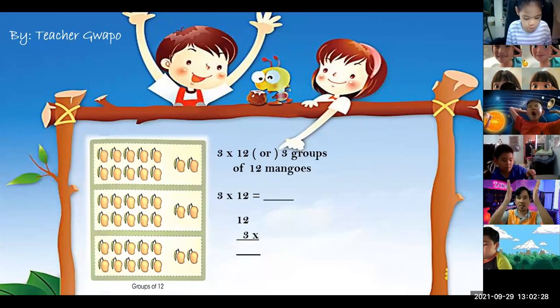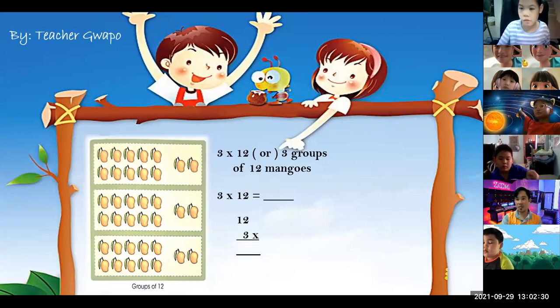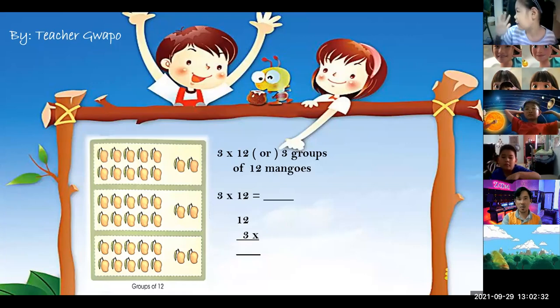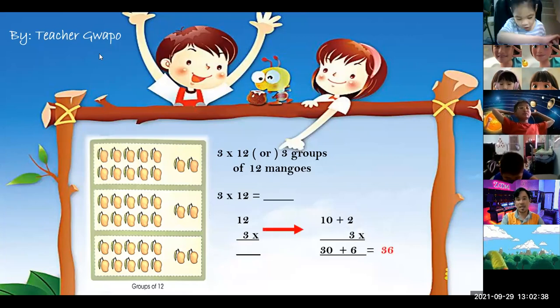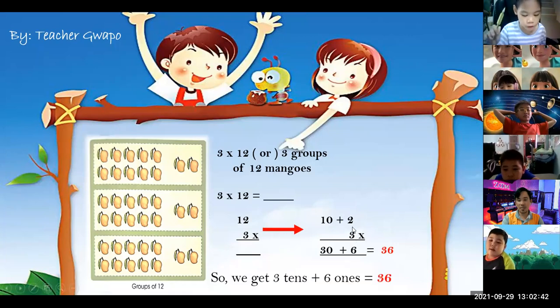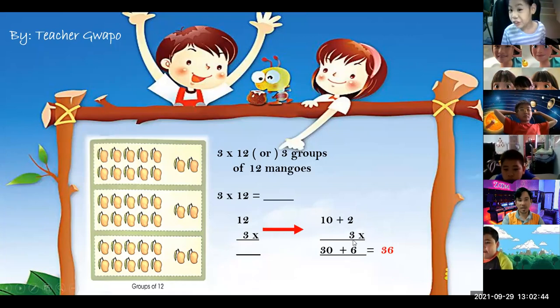We can write it vertically. When we say vertically, we multiply the numbers on the top and the numbers at the bottom. So 3 times 2 is equal to 6. That's why we have 6 here. Why is it 10?